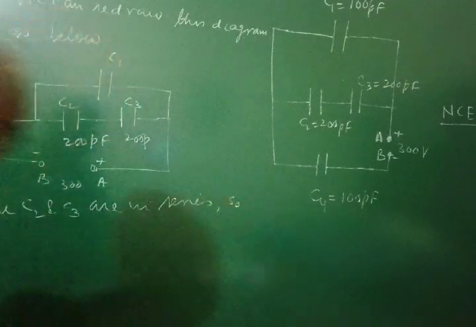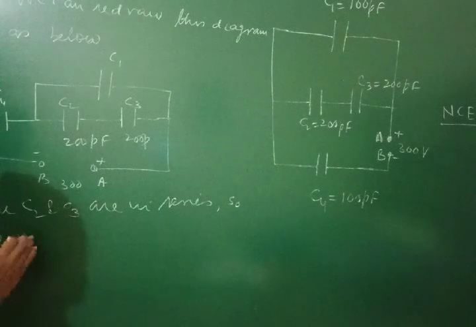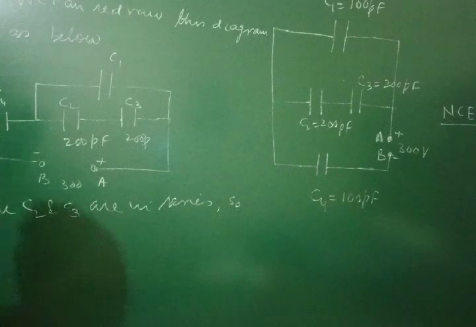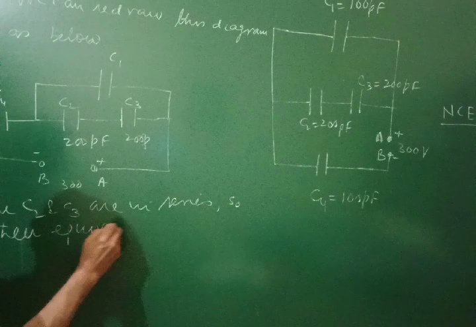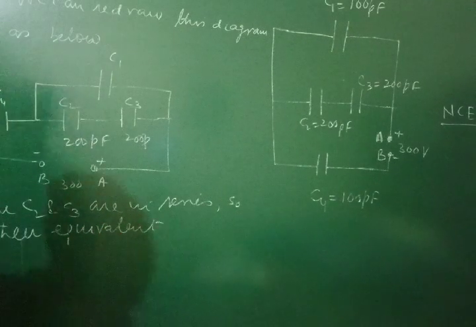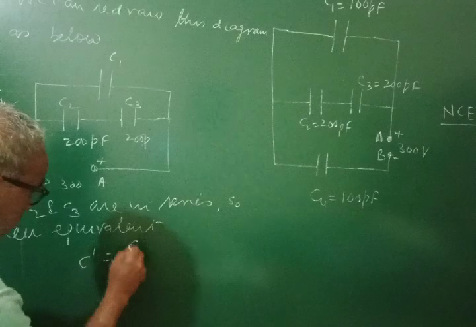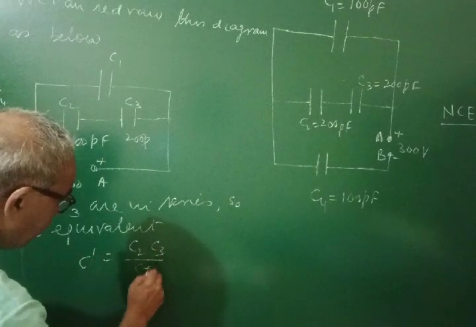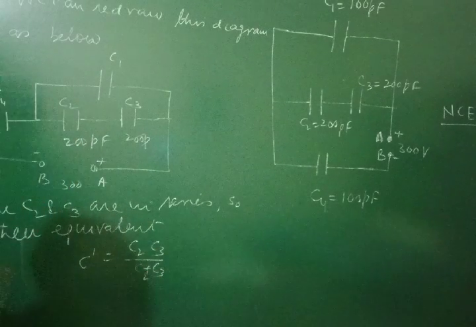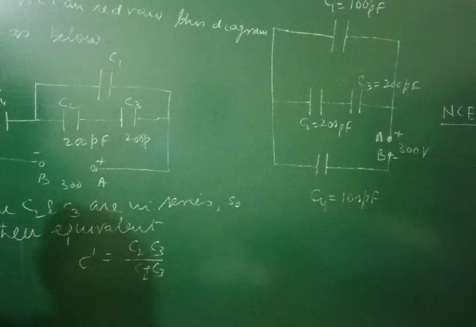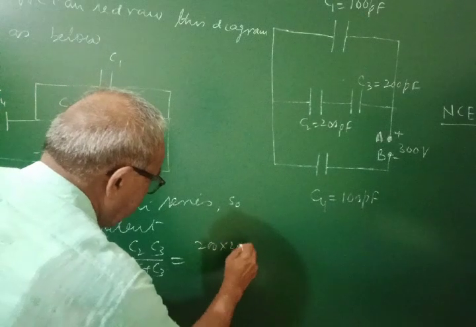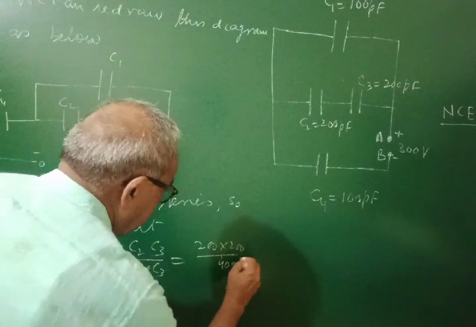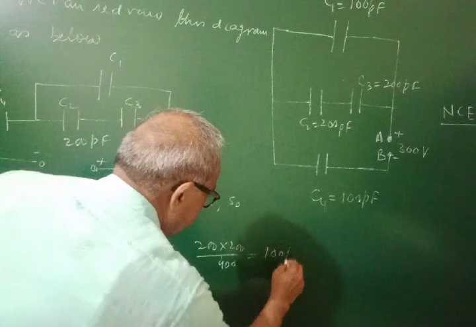So they are equivalent. C dash equal to C2 C3 upon C2 plus C3. I have told you when two are in series like this, then it is 200 into 200 upon 400. It comes out to be 100 picofarad.